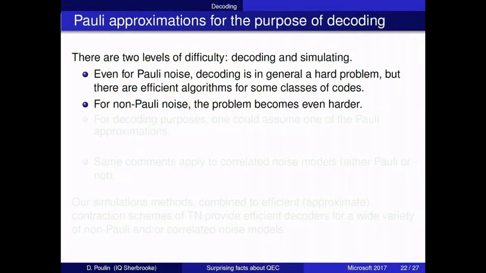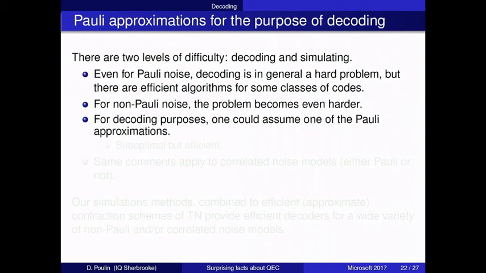And even for Pauli noise, decoding is in general a hard problem, but we have instances of codes with efficient decoding algorithms. Sometimes these decoding algorithms are suboptimal. So generically, for non-Pauli noise, you're just making the problem even more complex. So finding a decoder that works for non-Pauli noise is very challenging. And of course, you can add correlations to this.